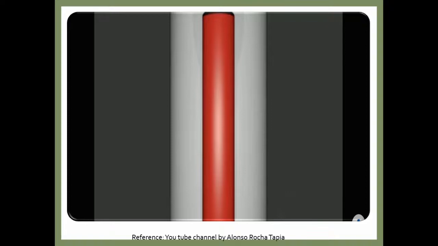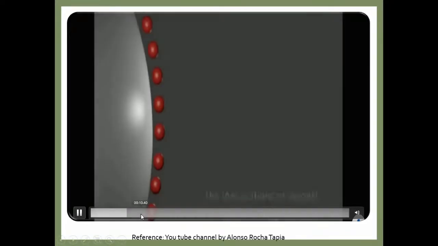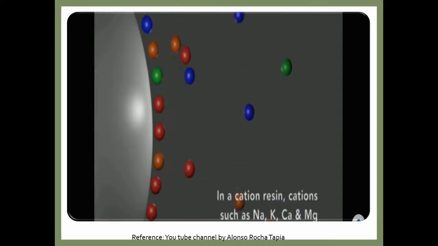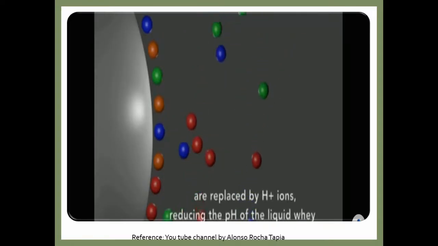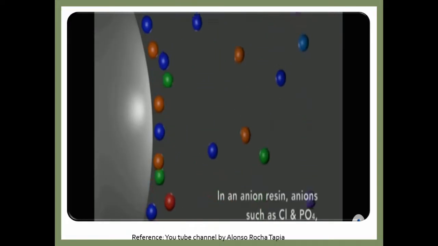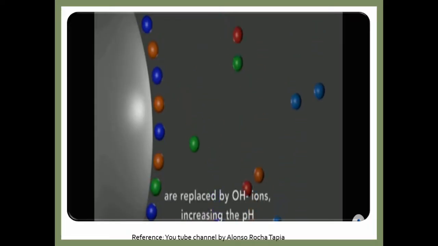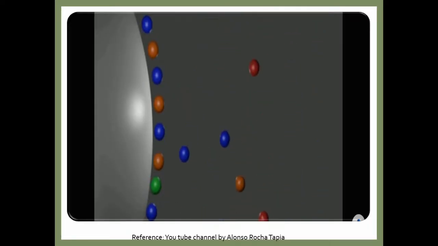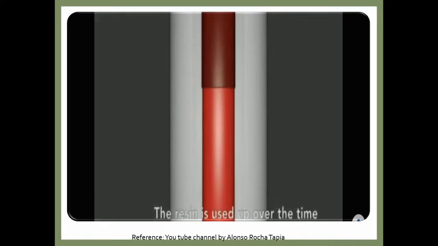The resin is ready to exchange. So this is very easy to understand. See, cation exchange is replaced by H plus, anion exchange replaced by OH minus. So H plus and OH minus are getting replaced here. Now the resin is used up.